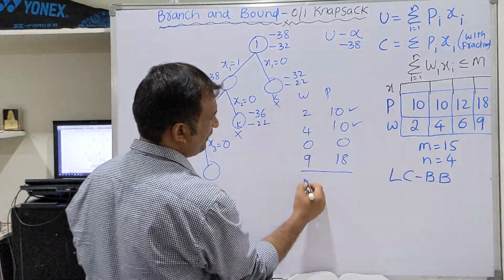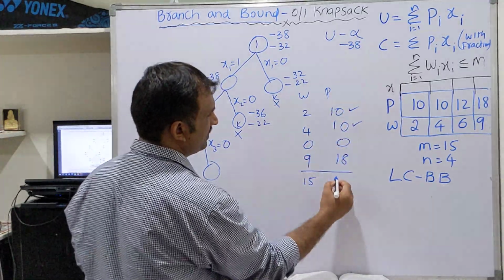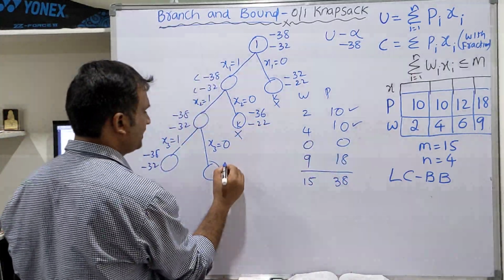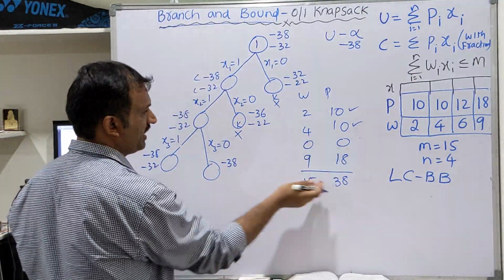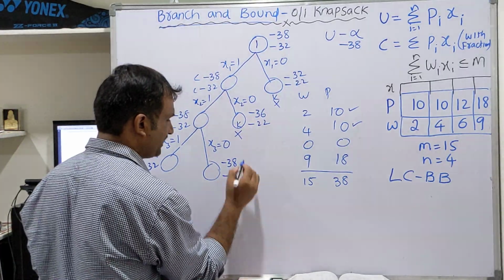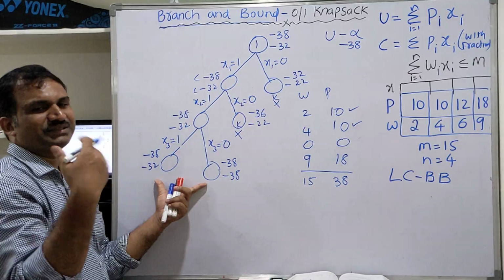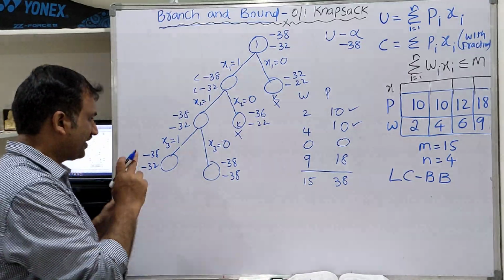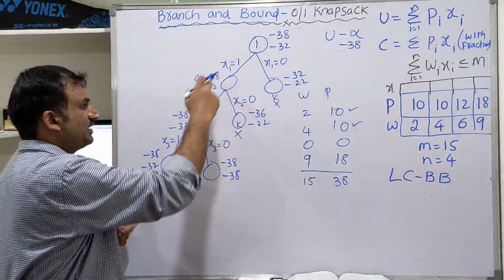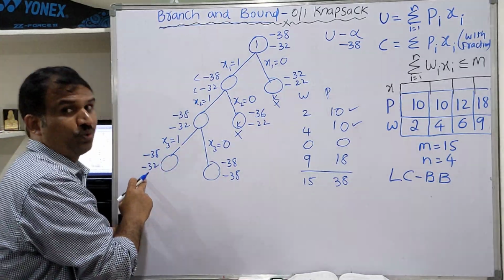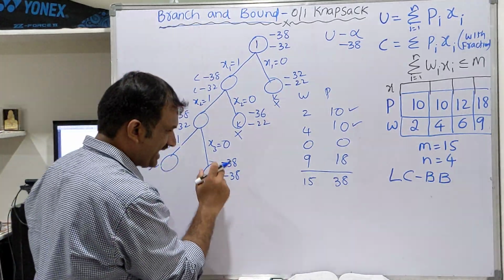No. So the total weight is 15 and the profit is 10 plus 10, 20, 38. So minus 38, and without fraction also minus 38. Now among these two, which one will we expand? After considering x1, x2 and x3, do we have space to fill x4? No. Now let me expand this.